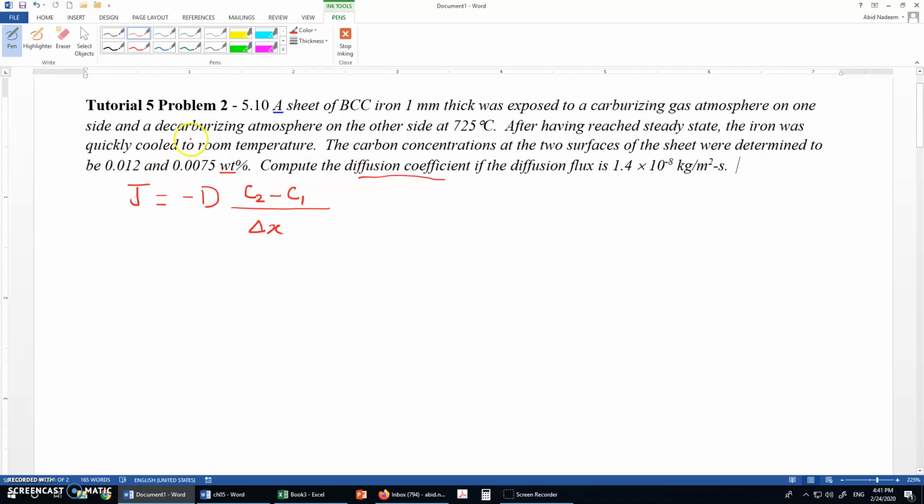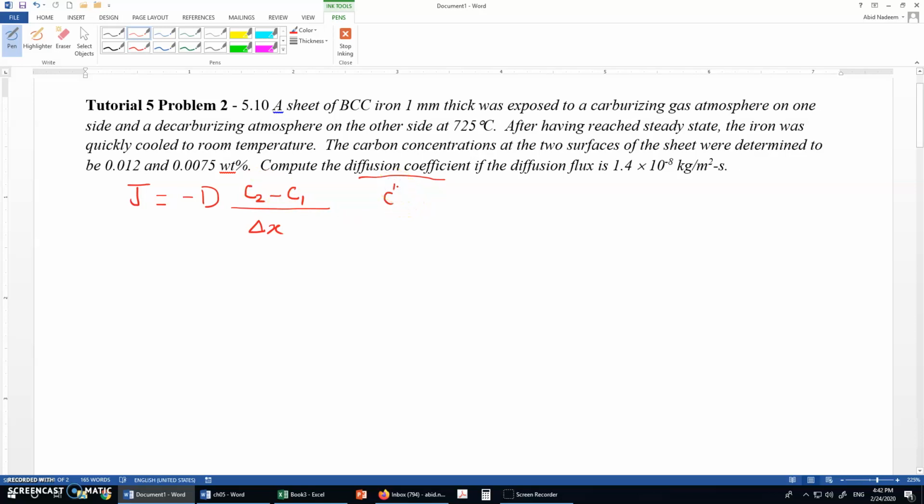Since this is a carbon and iron mixture, we can convert by this formula.